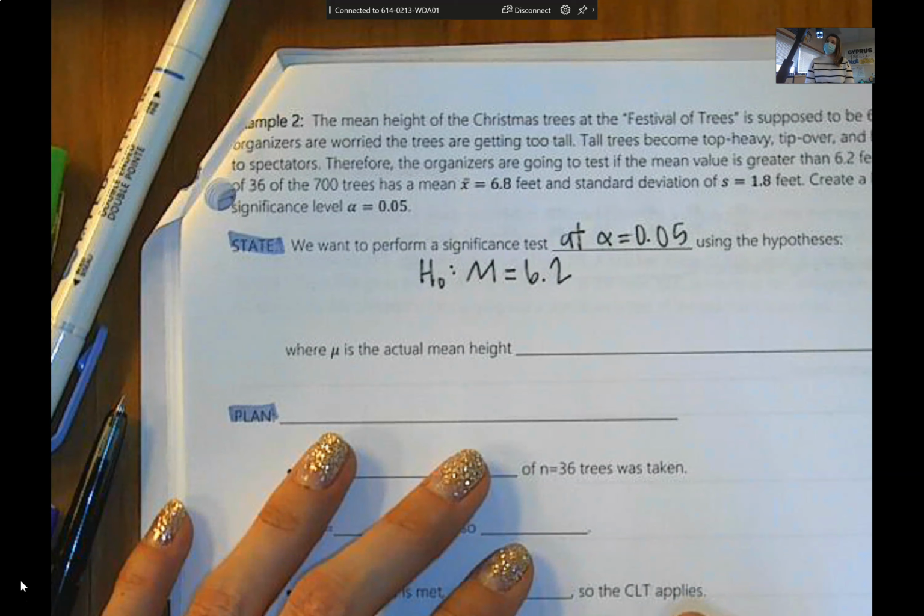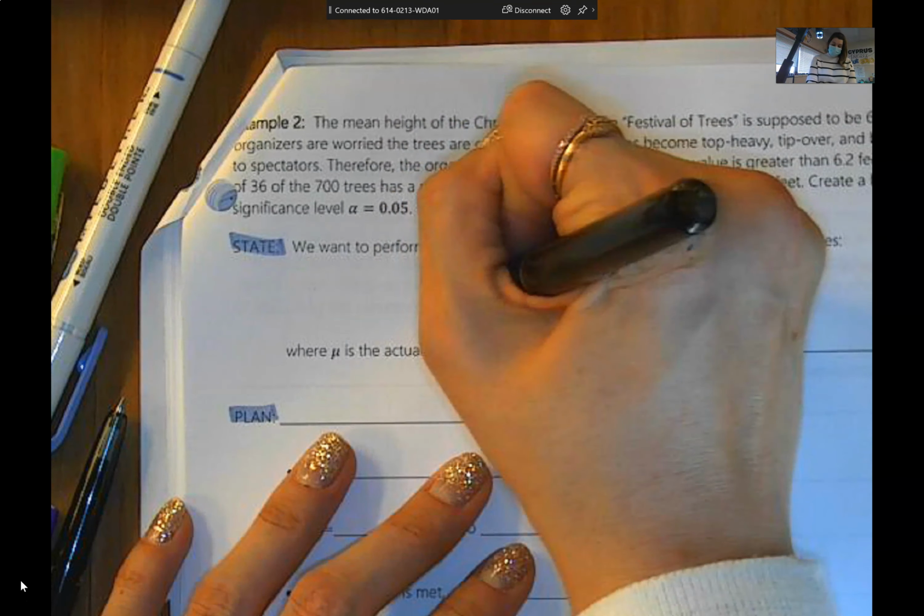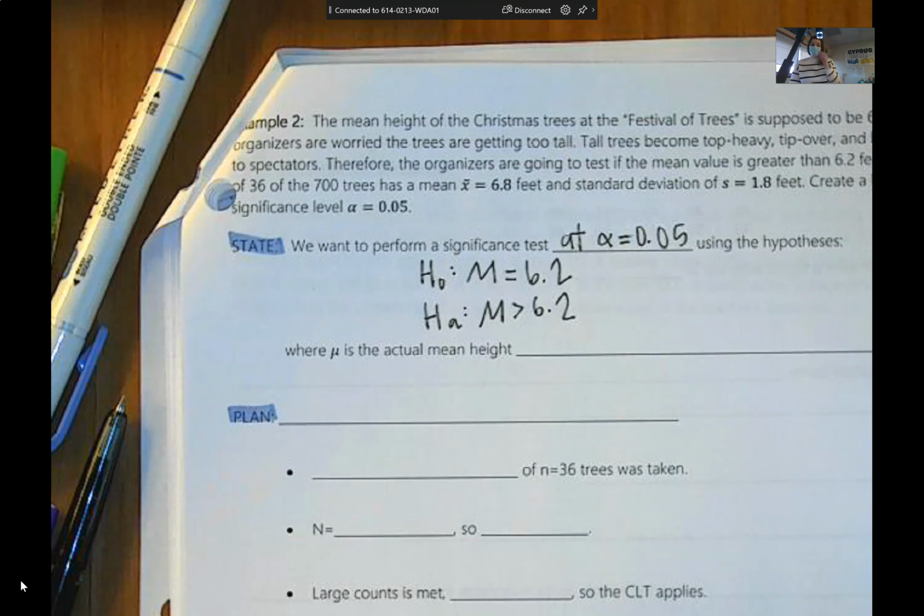Using the hypotheses H0. All of our problems today are mu. The trees are supposed to equal 6.2, or their max is 6.2. The alternative is that they're getting too tall, so it's really greater than 6.2.